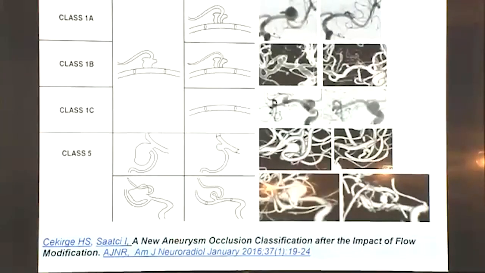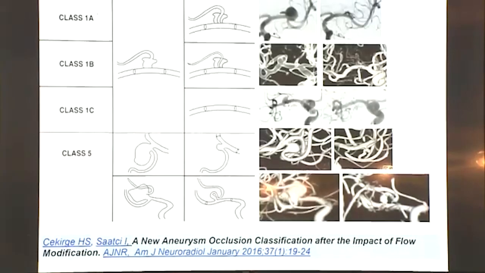So we ended up having a new classification for flow diverter treatment. It is important, especially for the aneurysms which have an integrated vessel coming off the sac. If there is complete occlusion of the sac, and the branch is patent with its original size, then we call it class 1A.